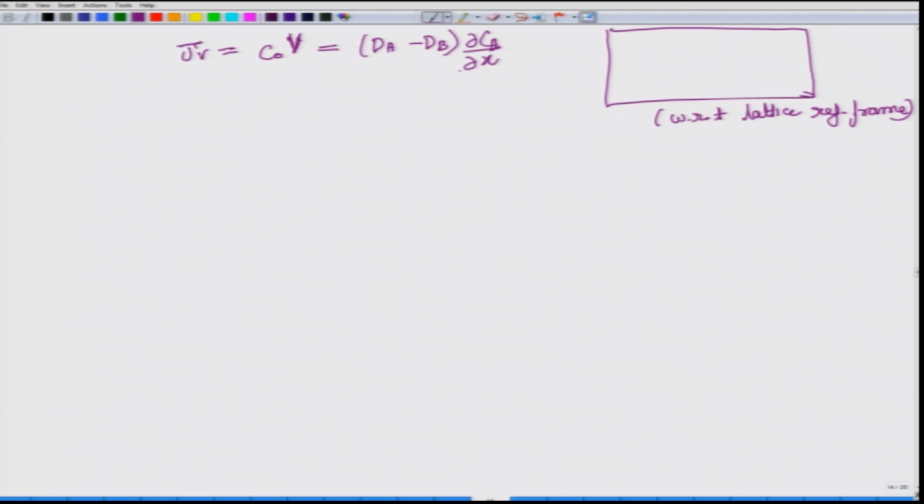So, for example, when we said that the concentration is varying like this and over time it should go like this, we are assuming we are sitting on the lattice and hence watching this change in the concentration. But now we want to obtain the relation with respect to the laboratory frame of reference.